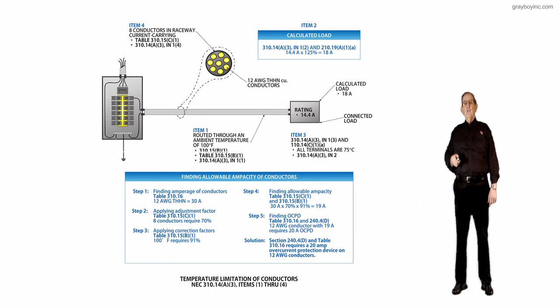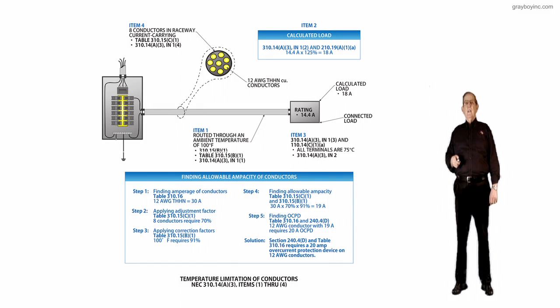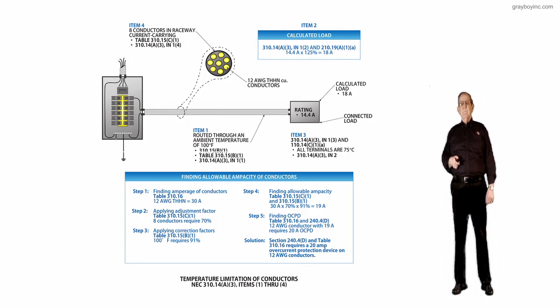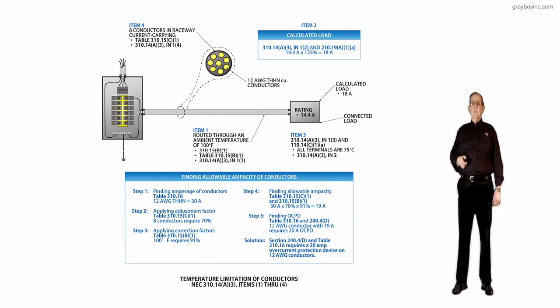Now, note 2, we go to table 310.15(C)(1). We have 8 conductors that requires a 70% derate from this table that used to be 310.15(B)(3)(a). And notice 70% is selected. We haven't put more than 9, so we're not in that 50% derate. So applying correction factors now, that's based upon the 100 degrees Fahrenheit here in item 1 that we just looked at.